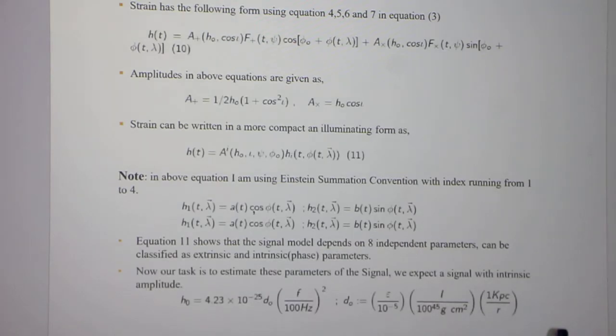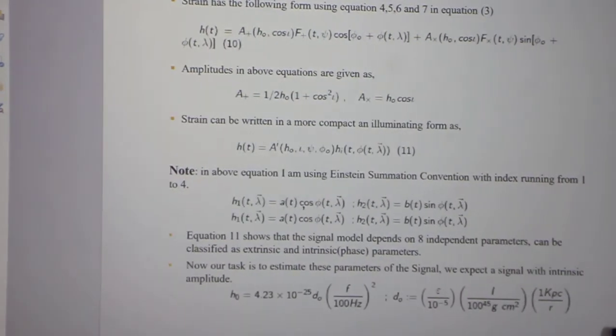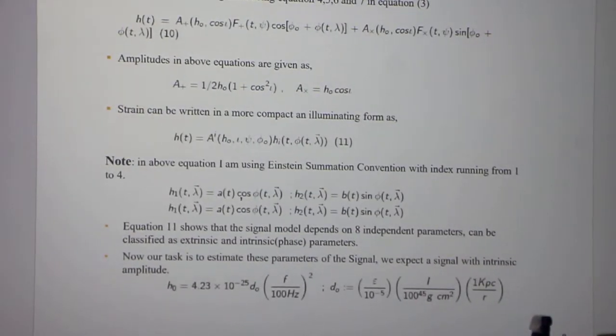So one other thing we can observe from this is that our strain depends on these amplitudes A_i linearly. And the other parameters, which are the phase parameters, our strain depends on in a non-linear way.